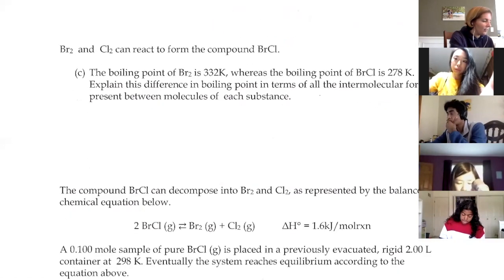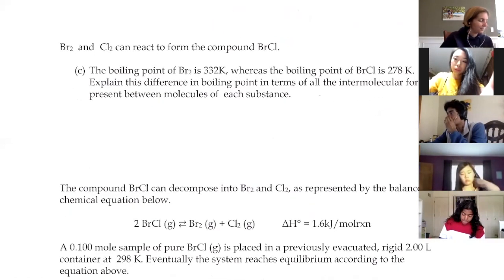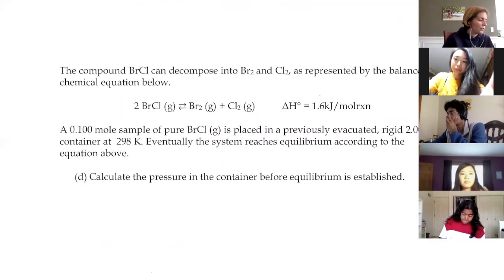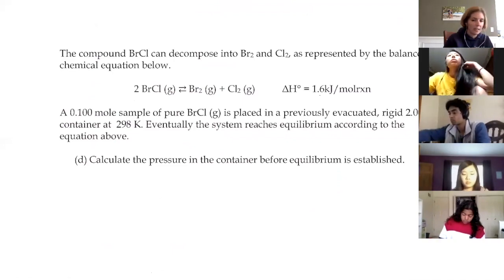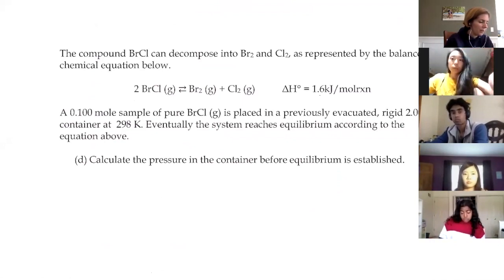Let's take a look at where this guy's gonna take us here for our grand finale. Okay, so looks like we've got an equilibrium going on. We've got an equilibrium reaction. It tells us the delta H, the heat of reaction for that guy. We know how many moles of BrCl are being put into a flask.